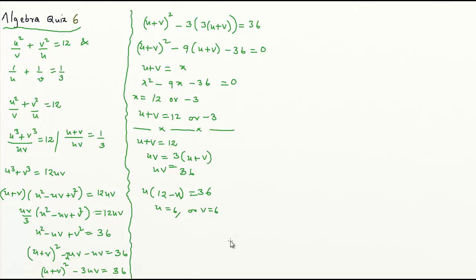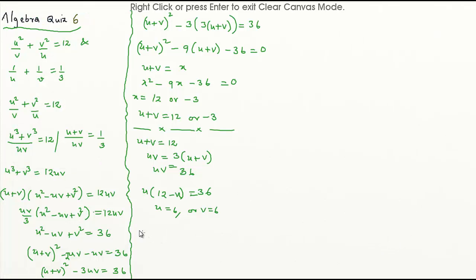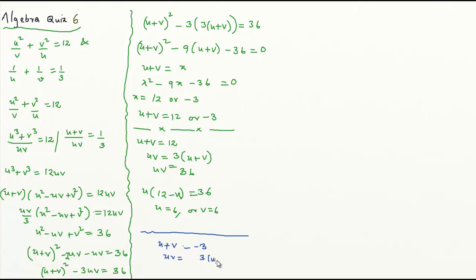So when I do that, I'm going to use a different color for that. So I've got u plus v is equal to minus 3, and so uv should be equal to 3 times u plus v, which should be equal to 3 times minus 3, which is minus 9.